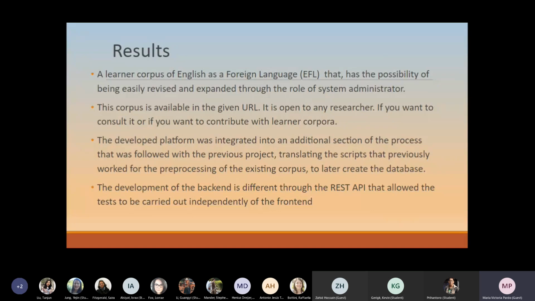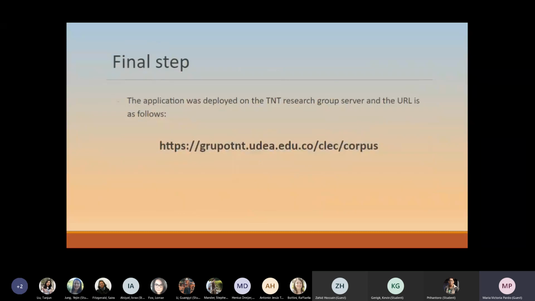This allowed tests to be carried out independently of the front end, which is one of the new things that we have. With the help of Postman, for future developers, there is the possibility of having new versions or refactorings of the front end too, which is really good.